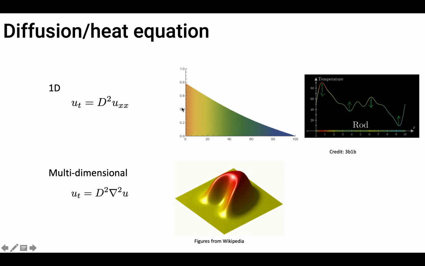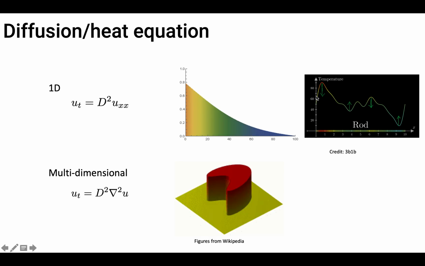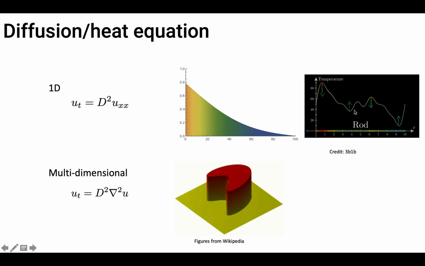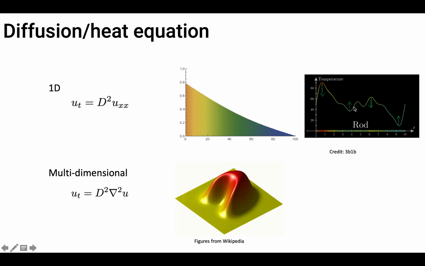So this equation says that the temperature tends to change more quickly at points where the temperature graph curves, and it changes in the direction of the curvature, as shown here. And as a result, the temperature at a point will tend to approach the average of the temperatures of nearby points.